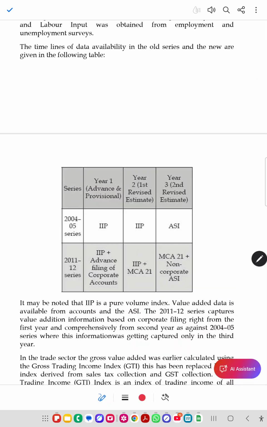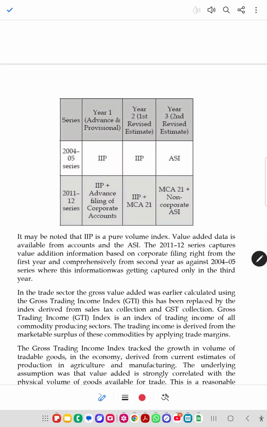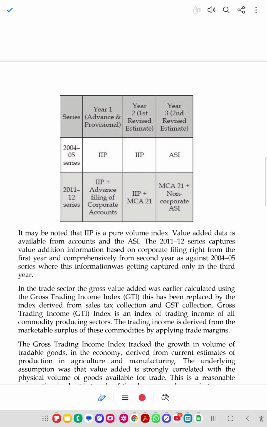Series. 2004-5 series: Year 1, Advanced and Provisional IIP. Year 2, First Revised Estimates, IIP. Year 3, Second Revised Estimate, ASI. 2011-12 series: Year 1, Advanced and Provisional IIP plus Advanced Filing of Corporate Accounts.